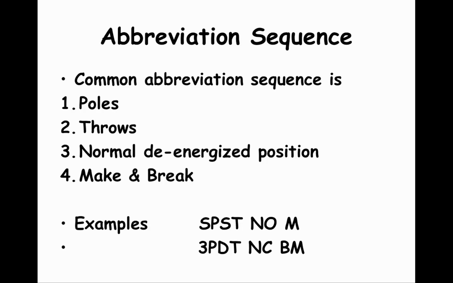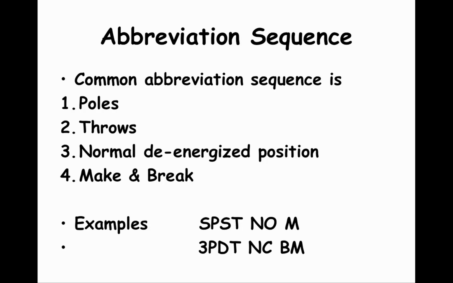When ordering relays, the common sequence for listing these four characteristics is as listed here. First, it's the number of poles, followed by throws, followed by normal de-energized position, and then any make or break characteristics needed.